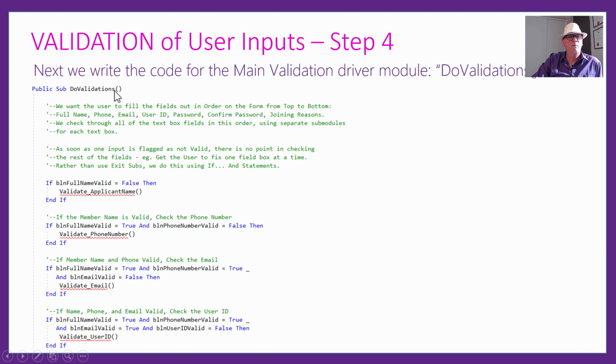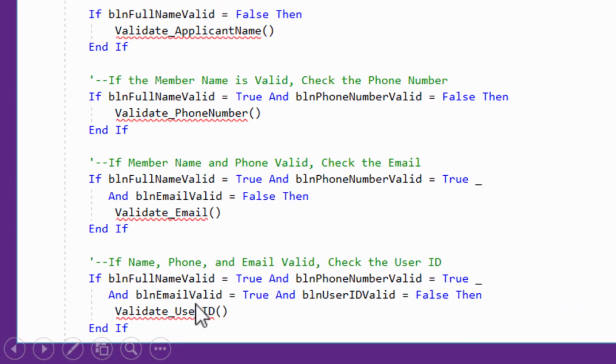This main subroutine, which we write separately, do validations, we start off with the name, and we work our way down the form in order. We don't move on to do any other fields until the previous one's okay. It's a cascading, step-by-step thing, because if you don't do it that way, if they've got 4 fields wrong, it'll just bombard them with 4 error messages one after each other, and it's too much for them to think, oh, what are those 4 things I have to fix?